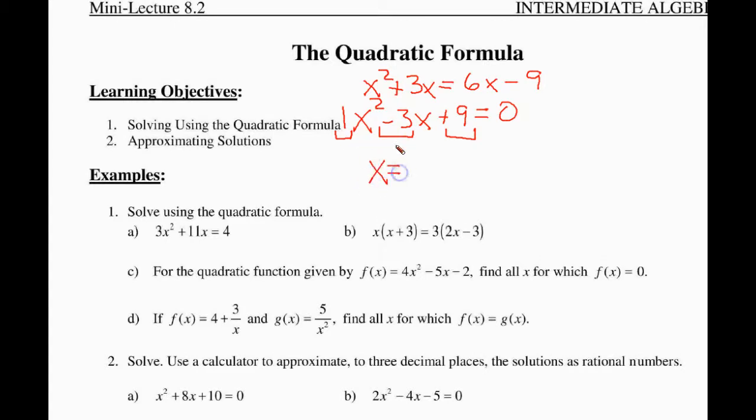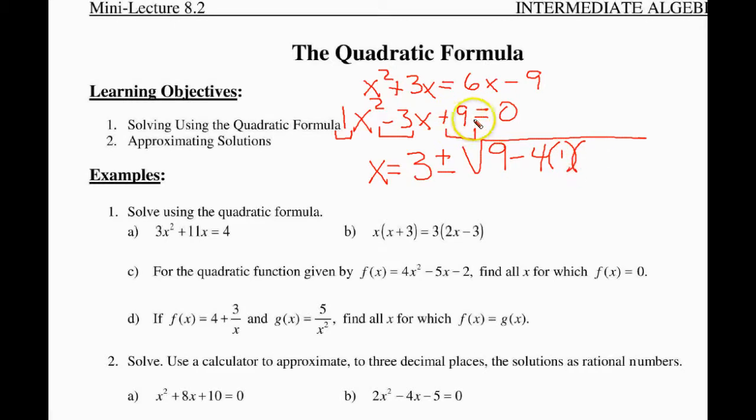X equals negative B, so the opposite of a negative 3 makes this a positive 3, plus or minus, we're going to square that now. We square negative 3, this always becomes a positive, minus 4a, which is 1, 4ac.